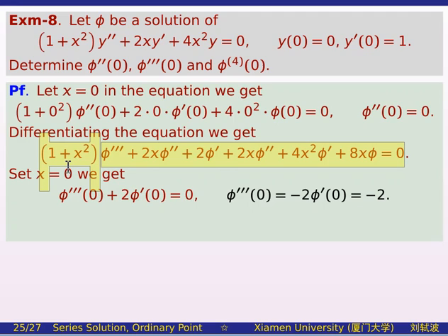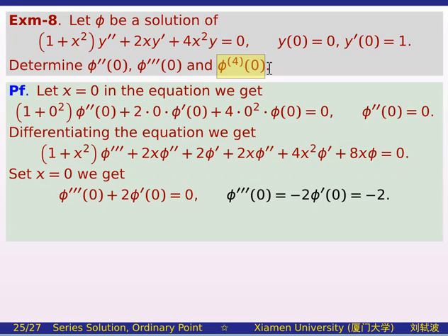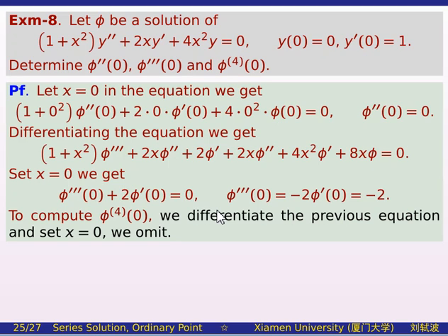So we need to differentiate this equality one more time and then evaluate at x equal to 0. Then we can obtain an equality containing phi prime at 0. But to save time, I will not perform such computation anymore. That is easy and in some sense stupid computation.